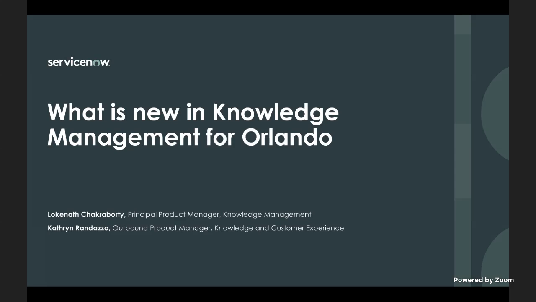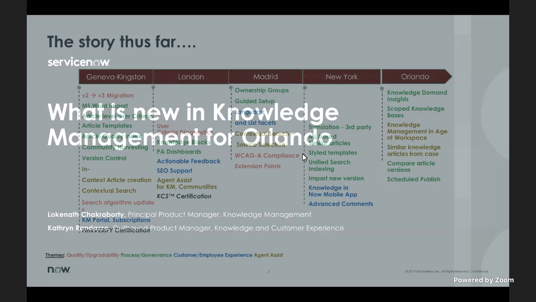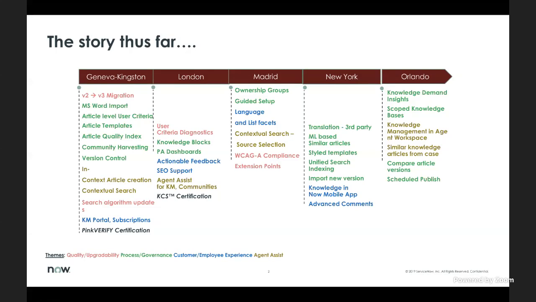Before we jump into Orlando, a little bit of context of what we have done so far in the previous releases. The knowledge management journey started with Geneva, and over the multiple releases till Kingston, we really stabilized the product with multi-KB experience, which we called the V3 knowledge.